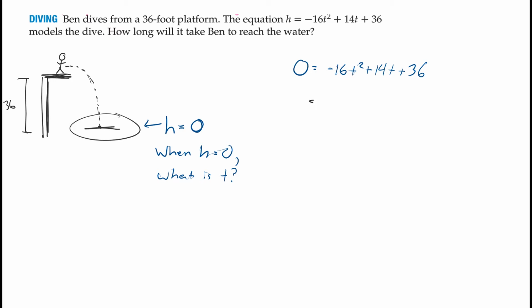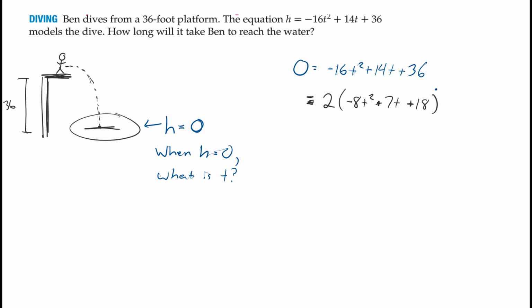And I do notice in this polynomial, it's got some big numbers, but I can factor out a 2 from everything. So I factor out a 2 and I get negative 8t squared plus 7t plus 18. So I factor out a greatest common factor first. I now have this trinomial with a lead coefficient of negative 8.